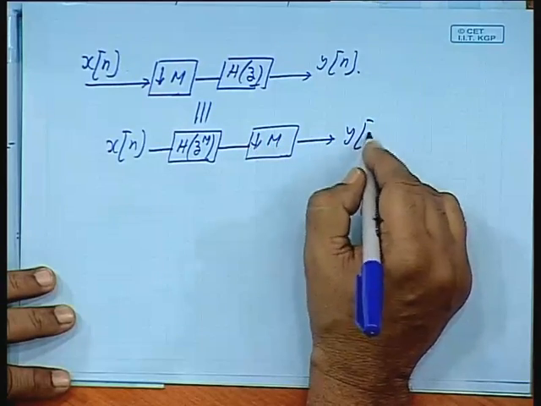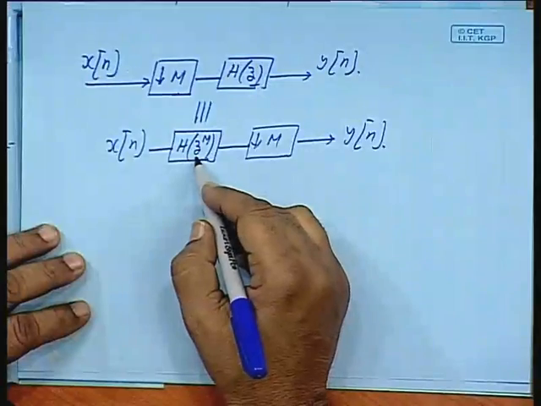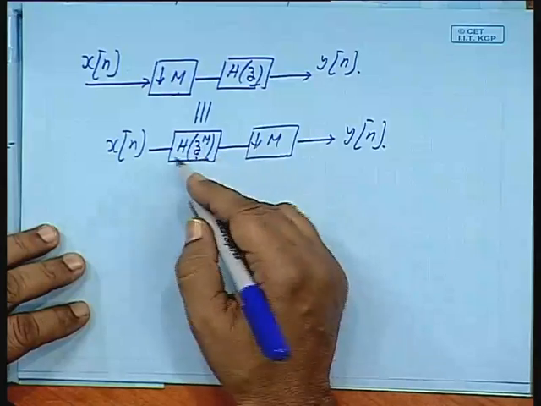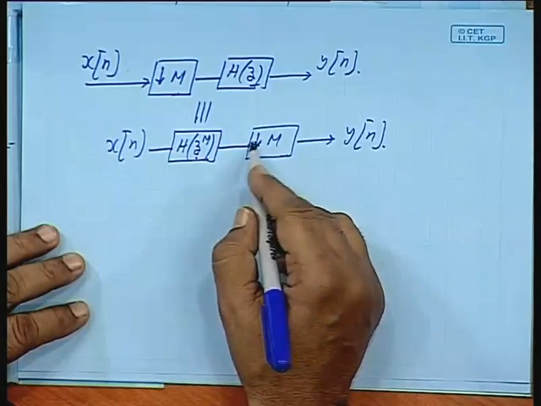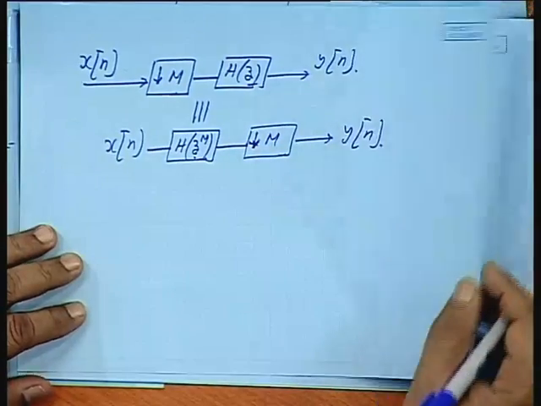That means if I have a downsampler followed by a filter Hz, I can interchange their positions, but then the filter has to be changed, Z has to be modified to Z to the power m, okay, then you will get identical output. This we had discussed earlier.